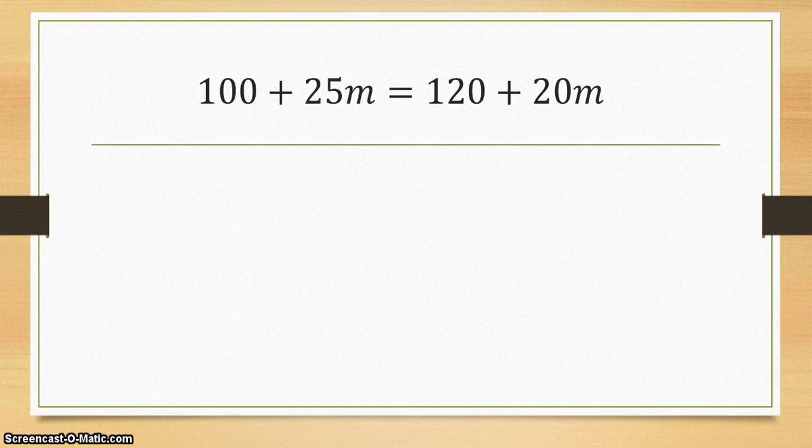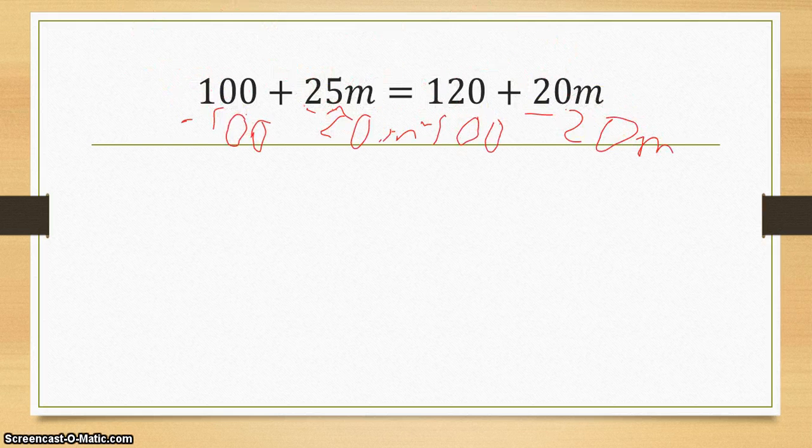So what we're going to want to do first is get the variable on its own side, so we're going to have to subtract 20m on one side and then get a total of 5m, and then we're going to have to subtract 100 to get 20 on the other side, so 5m = 20.